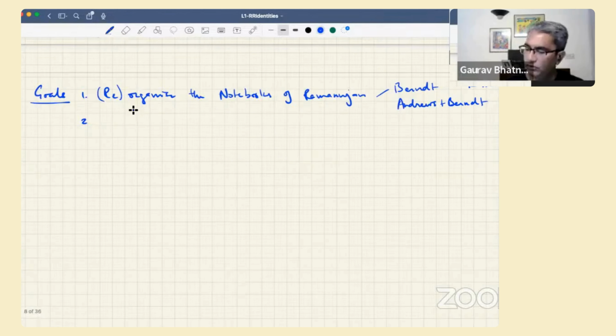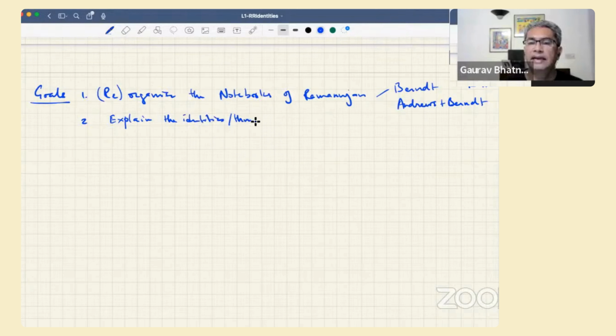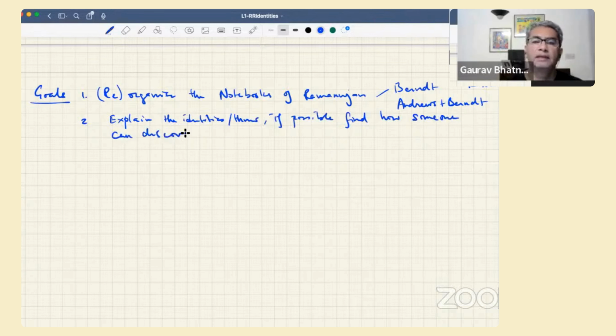What we want to do is explain the identities and theorems, and if possible, find discovery approaches, how someone can discover such identities. We don't know how Ramanujan thought, but the hope is to somehow get into that.